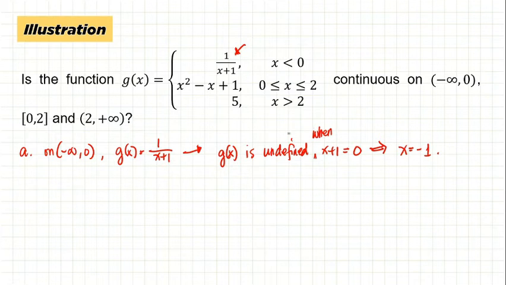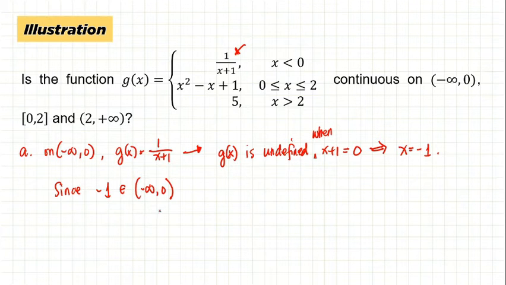Right? And since negative 1 is an element of negative infinity to 0, negative 1 is inside this interval. And according to the theorem, we can only say that the function is continuous on this interval negative infinity to b if it is continuous at all values x less than b.